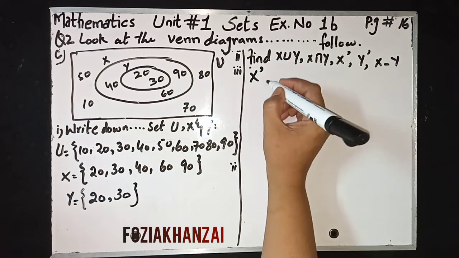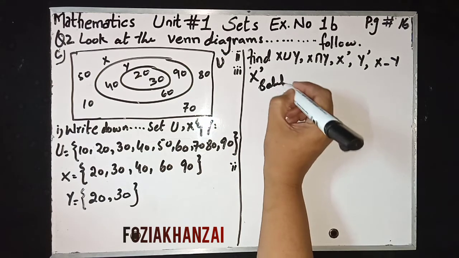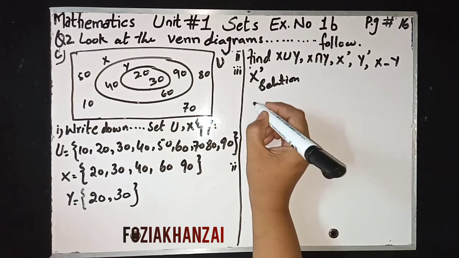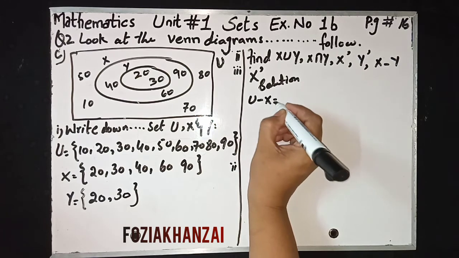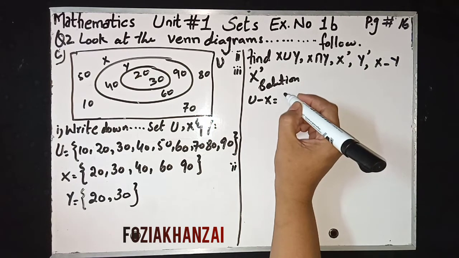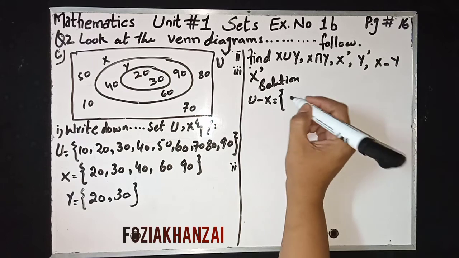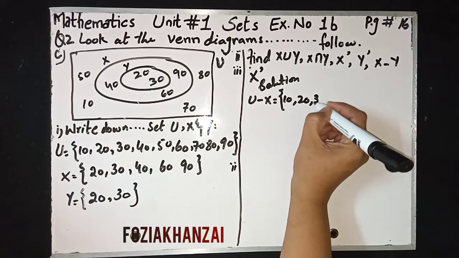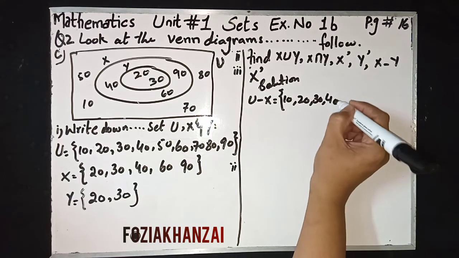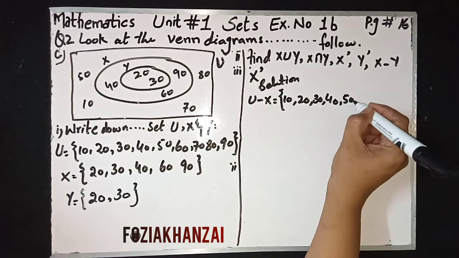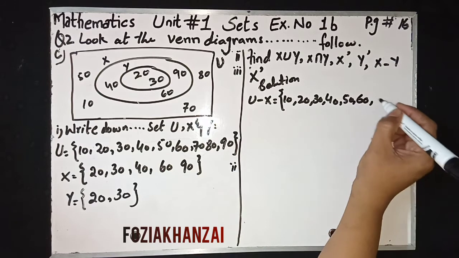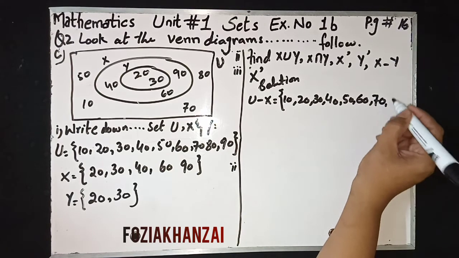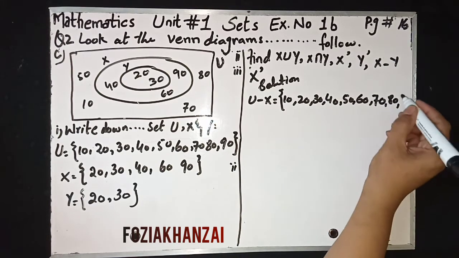So find the complement: U difference X. First we write down the elements of set U: 10, 20, 30, 40, 50, 60, 70, 80, 90.